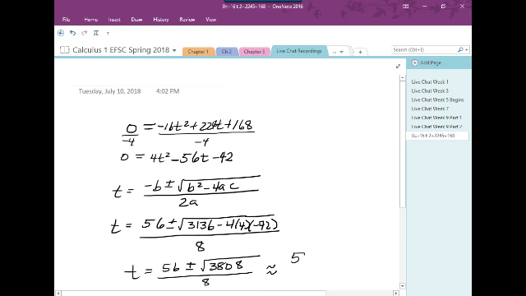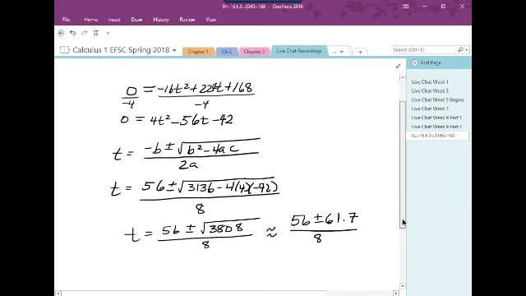So we have 56 plus or minus 61.7 over 8. Okay, so then we're going to have 56 plus 61.7 divided by 8.